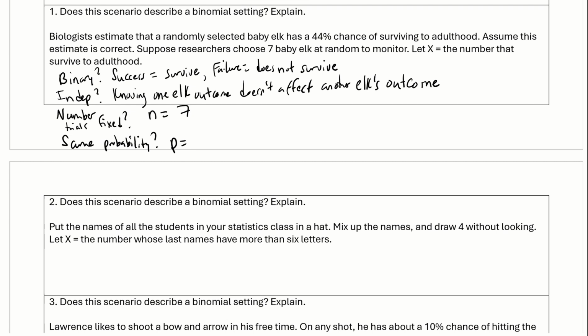The answer is yes, we have a probability of 0.44 to survive, the probability of success. So yes, we have a binomial, so x is a binomial random variable.